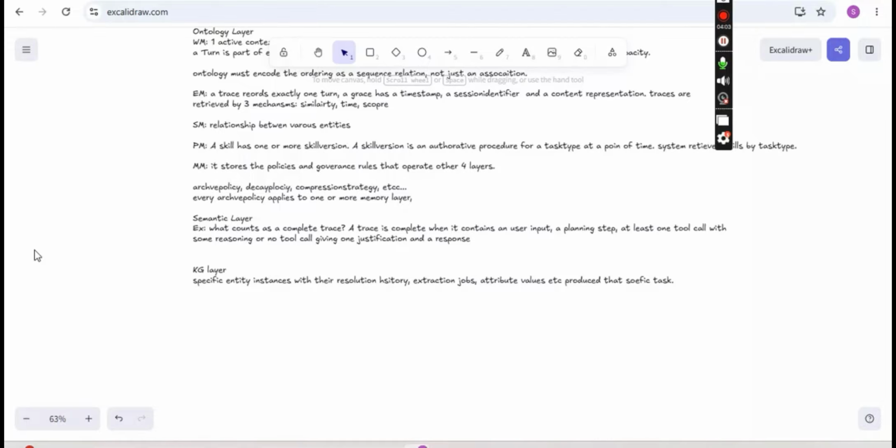Episodic memory is the persistent record of working memory activity, and then semantic and procedural memory are derived from episodic memory through extraction jobs, reflections, etc. Meta memory is the governance layer for all of these four. So any knowledge representation design that treats these as five independent stores will fail to capture the system's actual behavior. They are very tightly coupled to each other. The ontology must encode the dependency chain, because that chain is the mechanism by which the agent learns, compounds, and maintains the quality of its own knowledge over time.